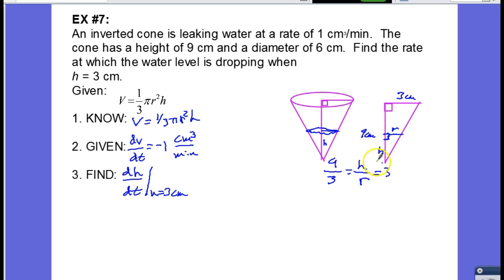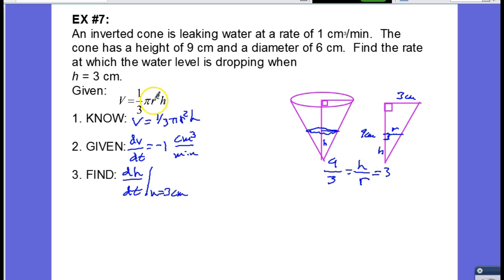Because now I can actually use this relationship to substitute in and just have one variable to take the derivative of, and I'm all about that. The idea is that for the height of the water, there is always a corresponding relationship for the radius given by this equation, h over r equals 3.